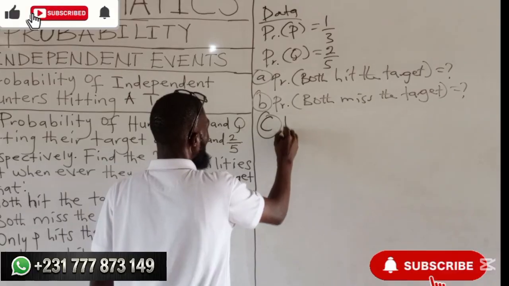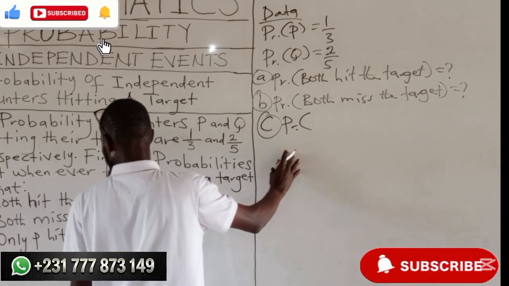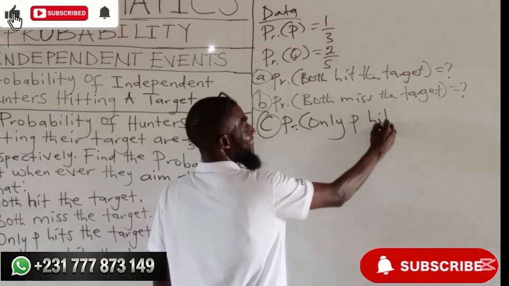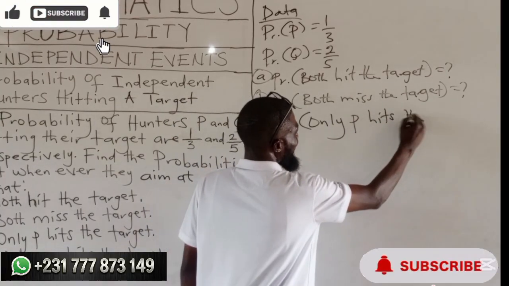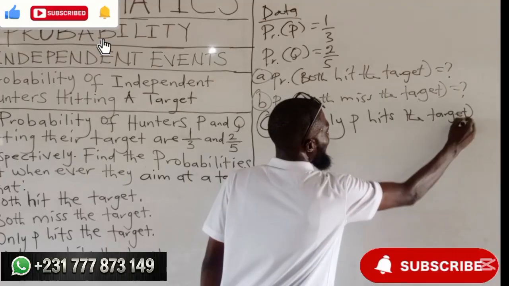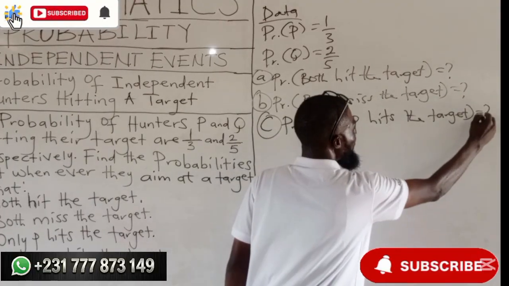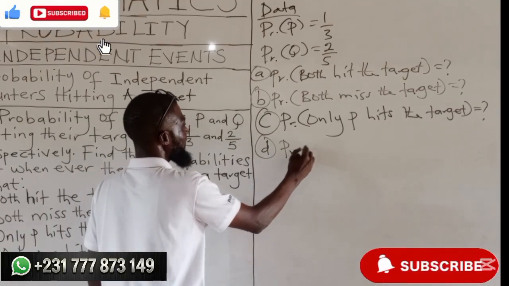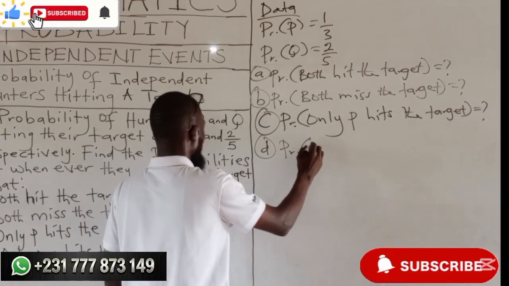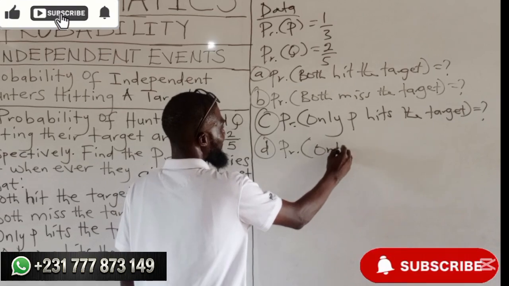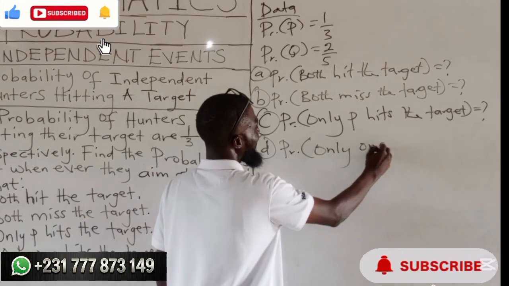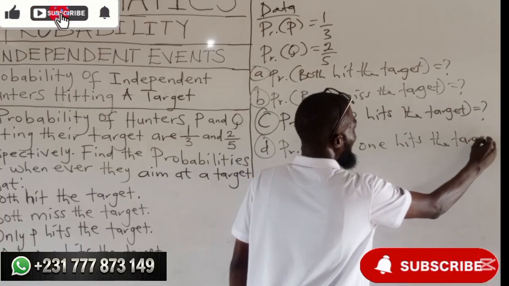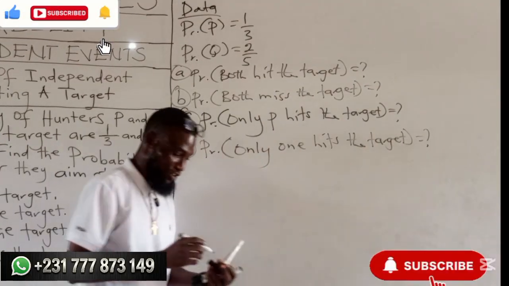And C, the probability that only P hits the target will definitely be equal to question mark. While D, the probability that only one hits the target will definitely be equal to question mark.